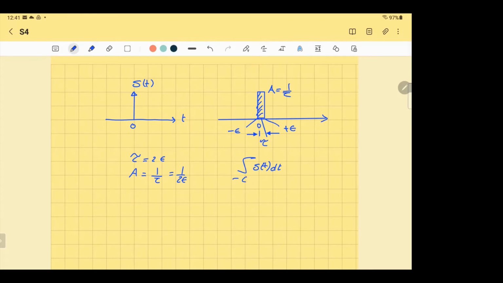So if you integrate from negative infinity to positive infinity, the area should be equal to 1, and 0 otherwise. So this is only valid during the period from negative epsilon to epsilon, from 0 to tau, whatever you name it.